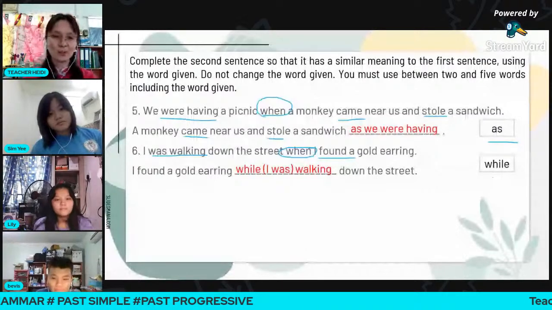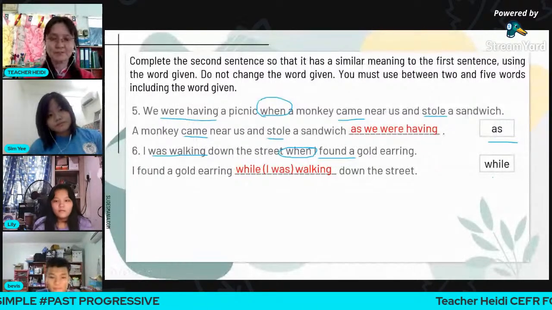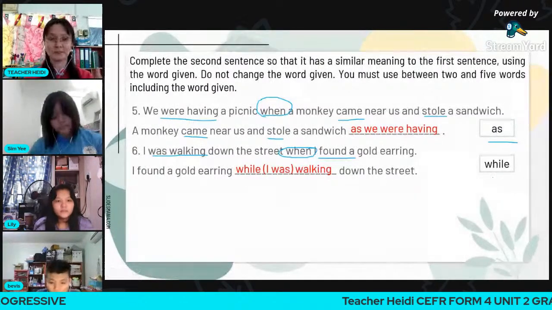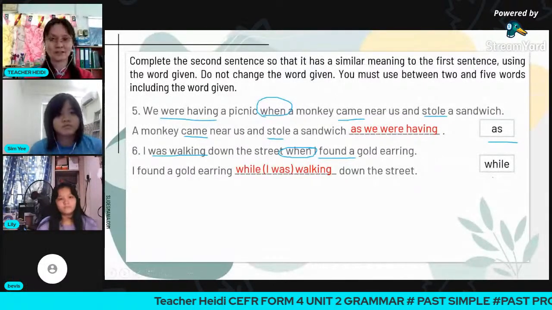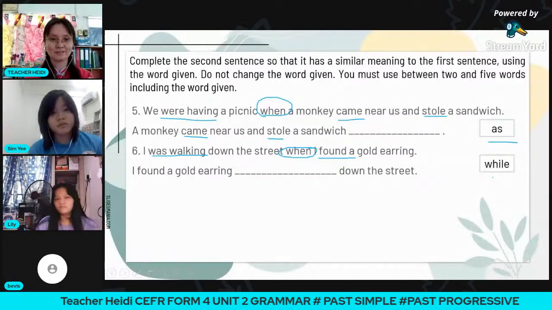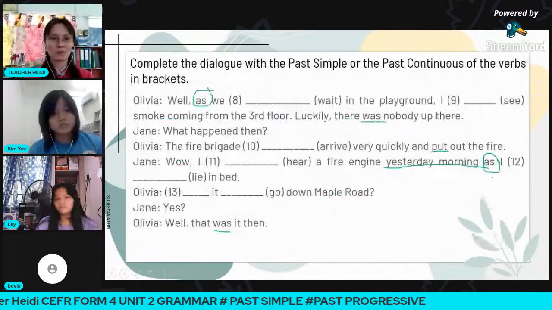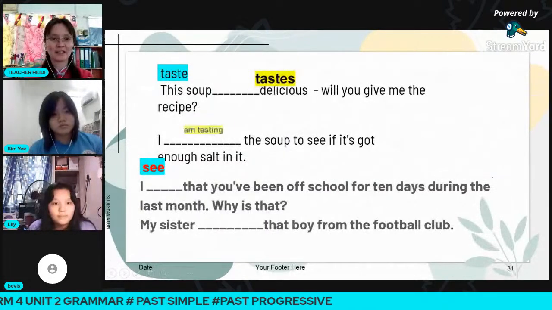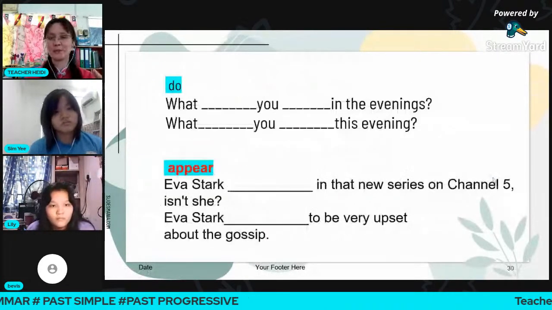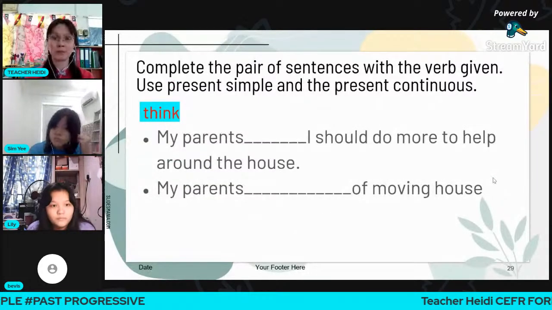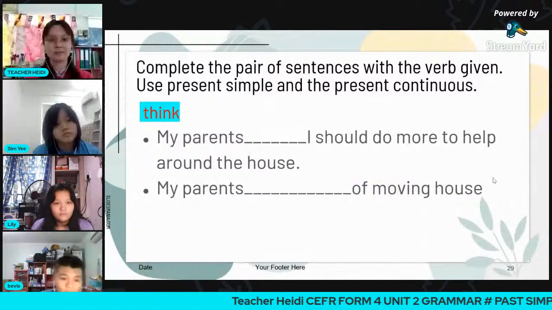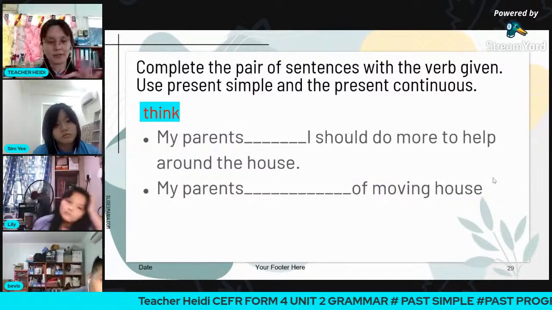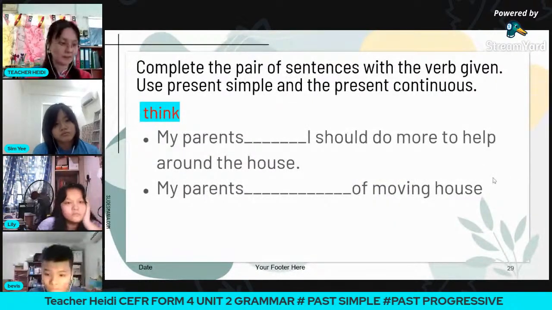Okay, so I hope that today you have learned about the continuous and simple past. Later on teacher will snapshot all the work, not all, I see which one I want you to do. And then I want you to copy this in your grammar book. After that, please fill in all the answers and snapshot and send to teacher.